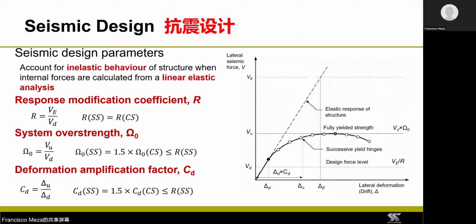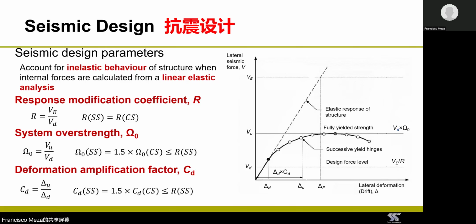Here I'm showing you the seismic design parameters that are used in the US. The first one is the response modification factor R. This factor is used to reduce the elastic forces that are obtained from the analysis, and it depends on the ductility of the system, which in turn depends on the type of structure and the overall strength of the system.